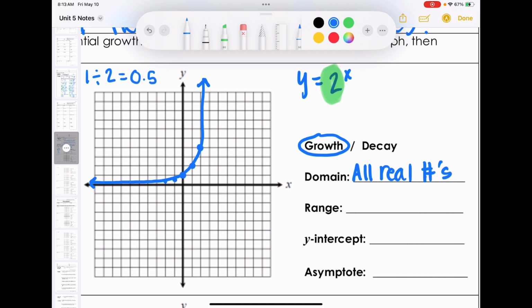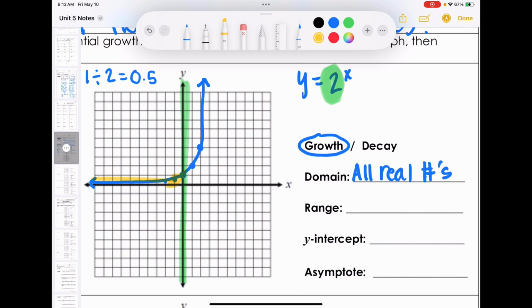All right, and then range is our y value, so that's this line. So I want to think about where the graph turns, which it starts to turn right here. And then it goes straight forever and ever.